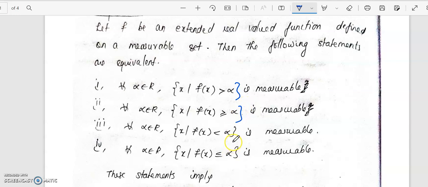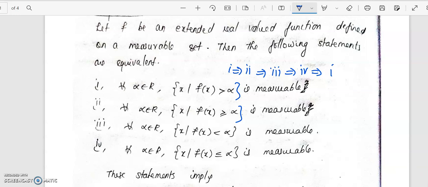So in the proof we'll show that 1 implies 2 implies 3 implies 4 implies 1. So this is what we will be proving in the statement.